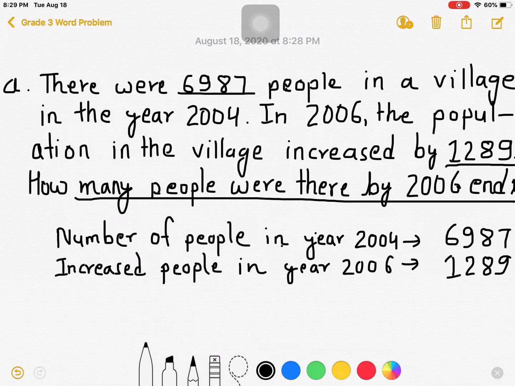Now what is asked here? Total number of people by 2006, isn't it?